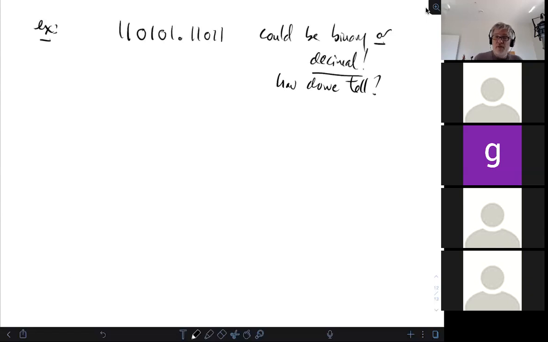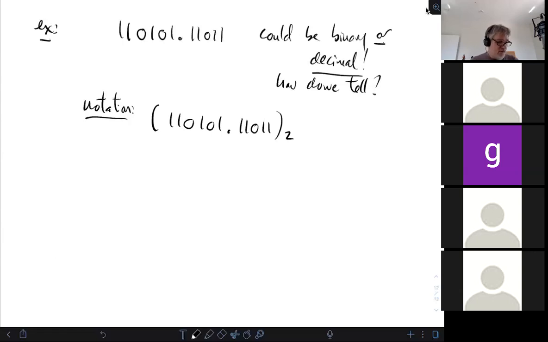Well, to make sure that we're talking about the same thing, the notation will be as follows. Unless from the context it's clear that we're looking at binary or whatever, we'd write it this way. We'd write 110.11011 with a little 2 like that, means this number is written in binary.